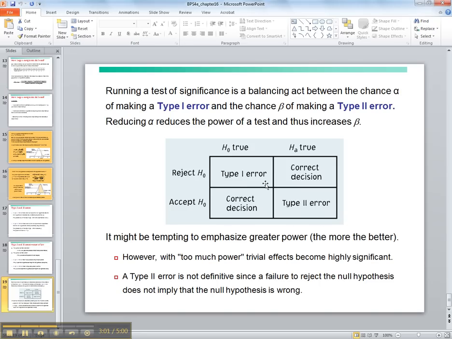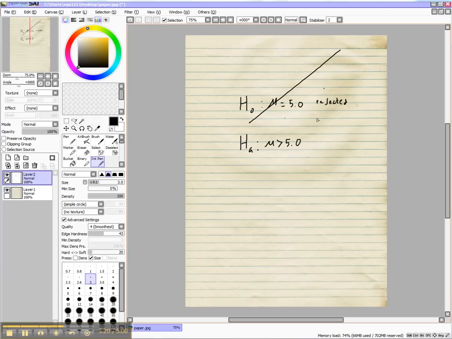Because we're rejecting the null in this question, we reject the null that the NOx level is 5, we could have made a type 1 error, right? Now, could we have made a type 2 error here? A type 2 error is when the null is accepted. We don't accept the null here. So check it out. We do not accept the null. We reject the null.